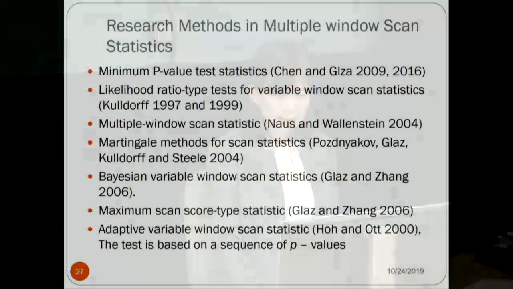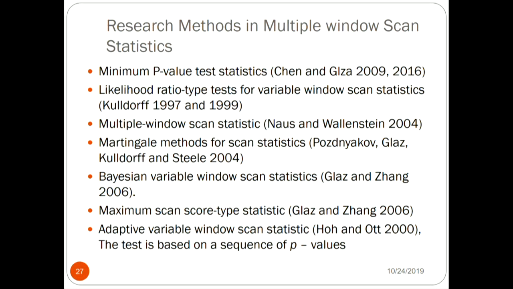For this seminar, I will only present two different types of variable window scan statistic. I will mainly focus on the cutoff type variable window scan statistic. The reason is that SaTScan, which is a widely used statistical package, was developed using the cutoff type spatial scan statistic.